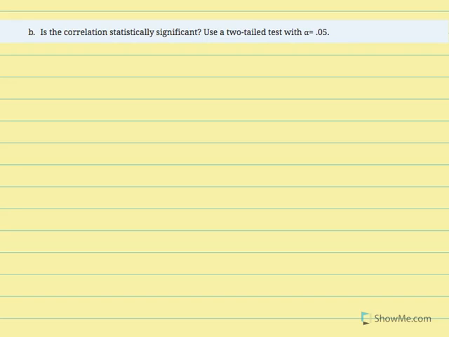All right, so 9b says, is the correlation statistically significant? Use a two-tailed test with alpha at 0.05. So again, at face value, it appears to be a very strong correlation between these two variables, given our R statistic of negative 0.931 and R squared equal to 0.867.